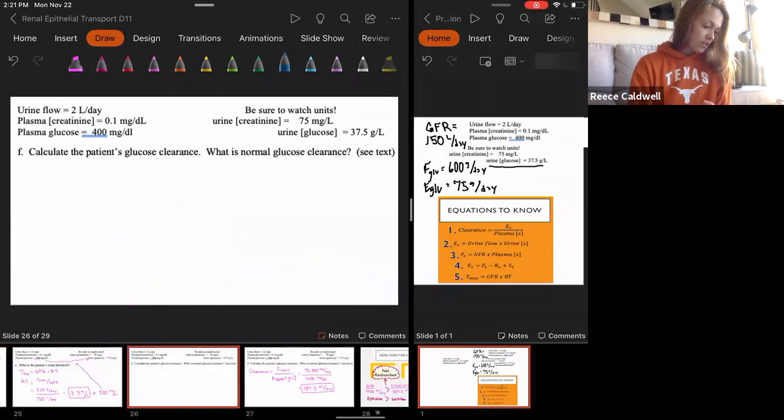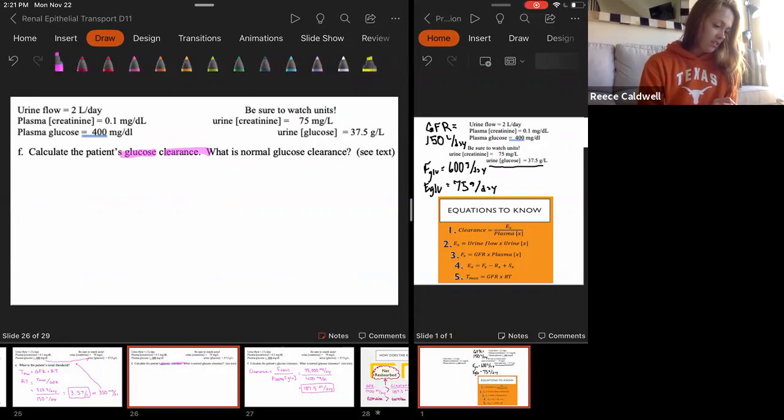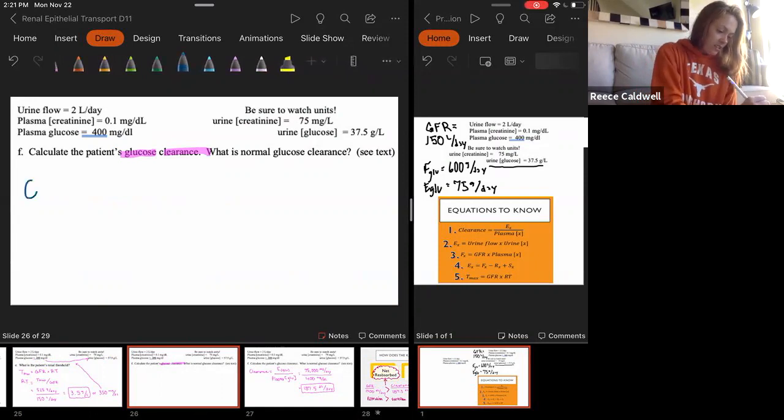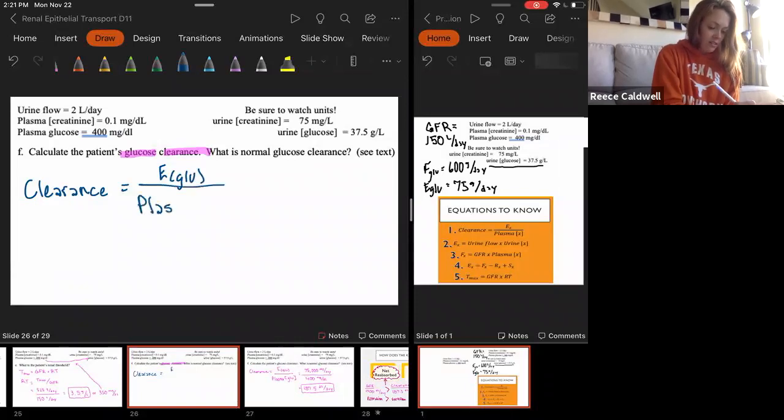All right, so last question: calculate the patient's glucose clearance, and then what is normal glucose clearance? So we're looking at glucose clearance. We're going to use our clearance equation that we used for part A. So clearance equals excretion, and now we're dealing with glucose, not creatinine, divided by plasma concentration of glucose.